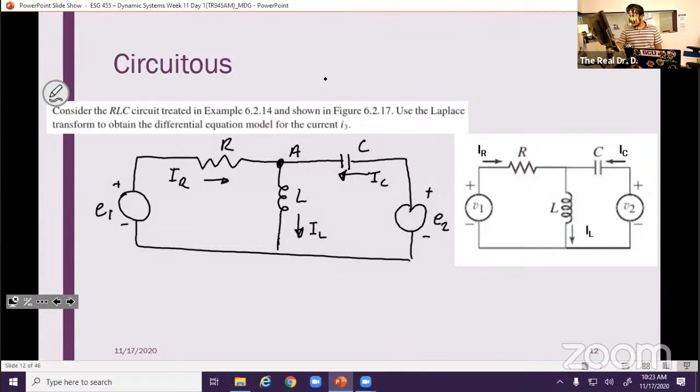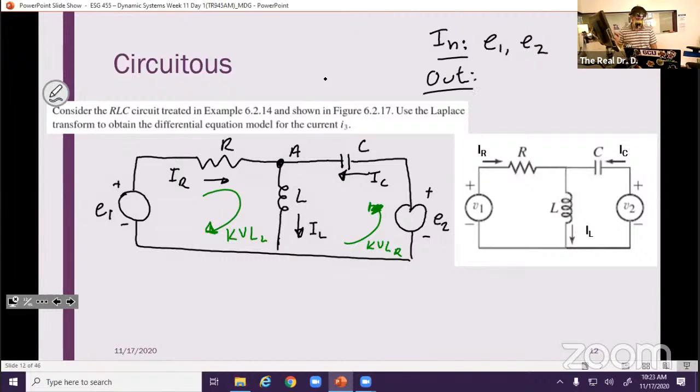Which means I've got a KVL here, like this. Call this KVL right-hand side. And I'll have another KVL coming this way, left-hand side. Do my inputs up here. Input, E1, E2. So I've got multiple inputs. Outputs. Well, remember, for electrical circuits, I want you to use IL and EC.